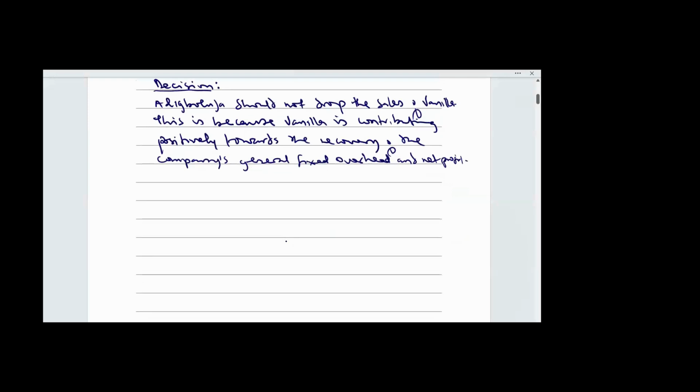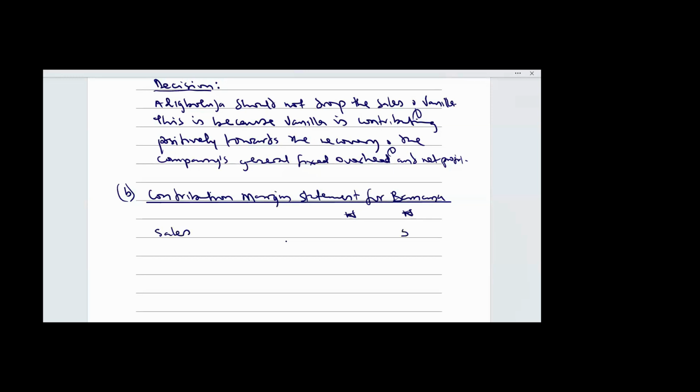Number B, contribution margin statement for banana. Okay. Sales value from banana, according to the question, is 50,000 naira. Then you compare with relevant cost.